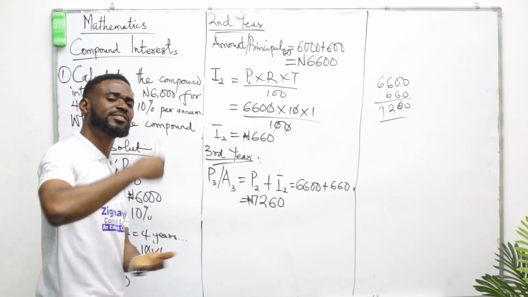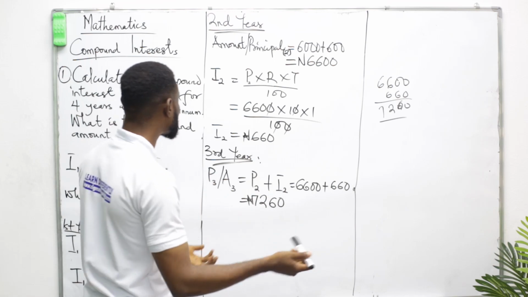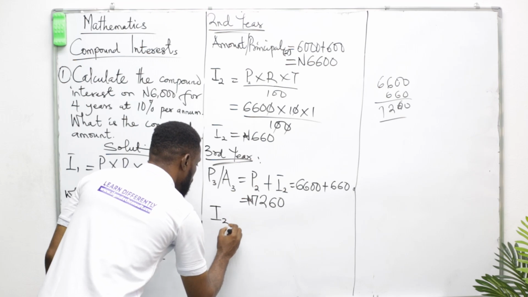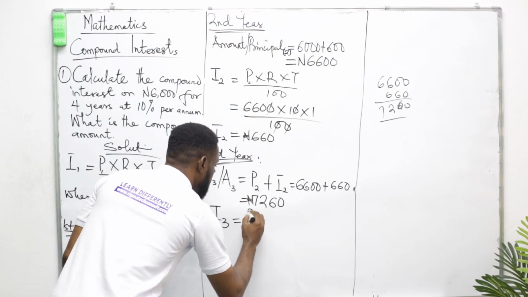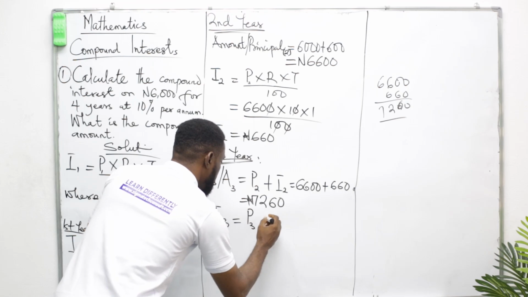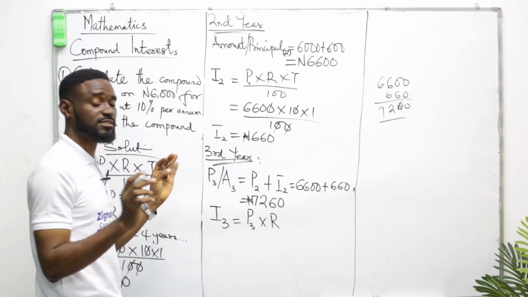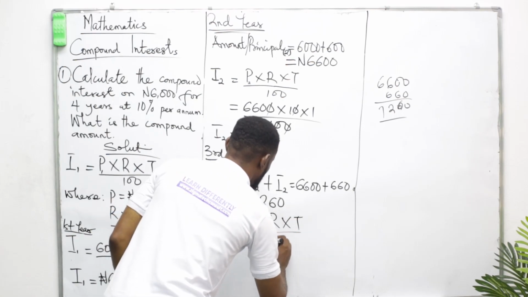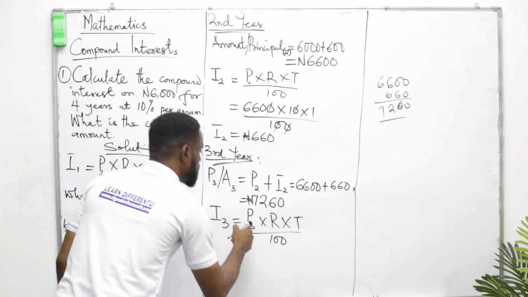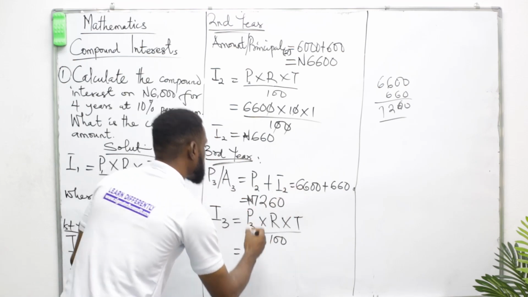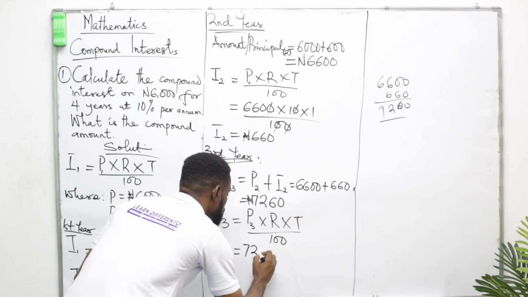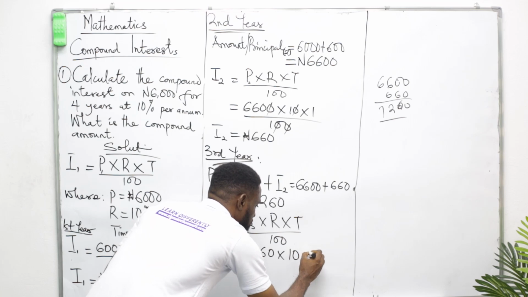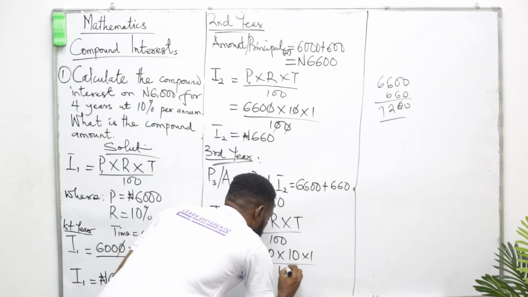So what is the interest for the third year? The interest of the third year, which is I3, will be equal to P3 times R times T all over 100. Our R is constant, that is the rate, which is 10%. So P3 is 7260 times rate 10 over 100, times 1 all over 100.